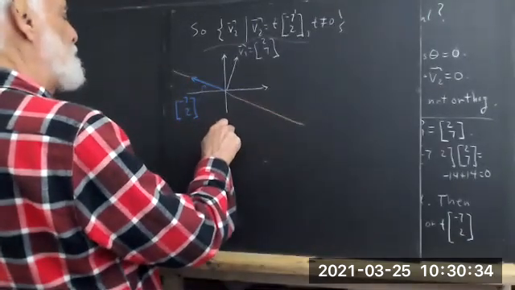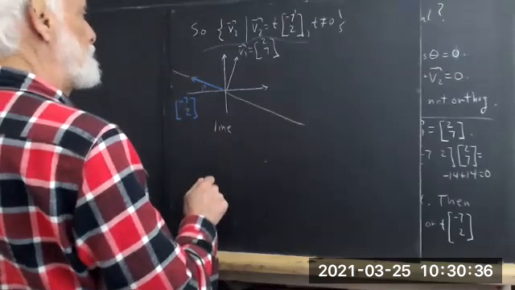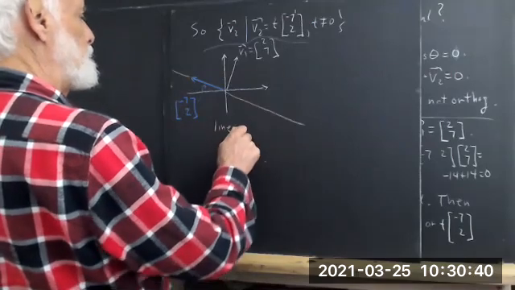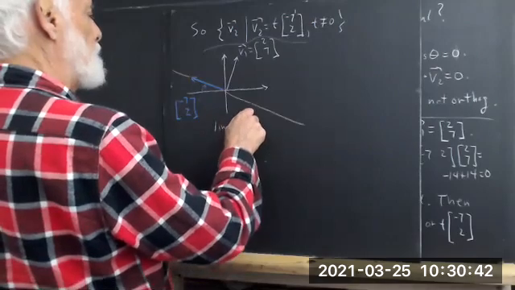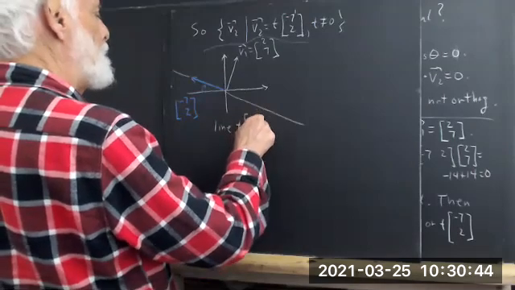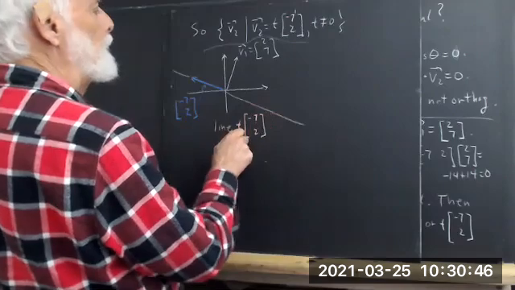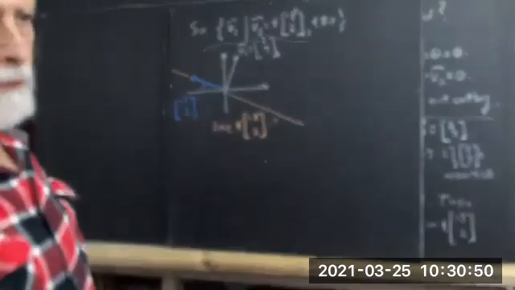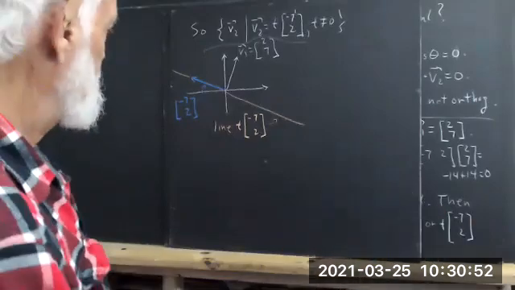This is a line. I'll just abbreviate it: t times -7, 2.